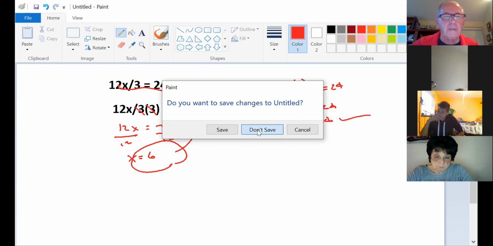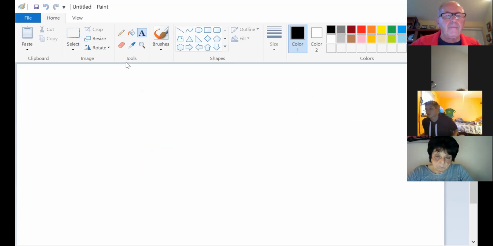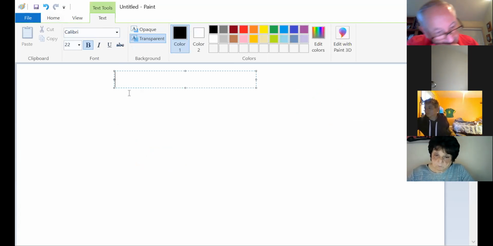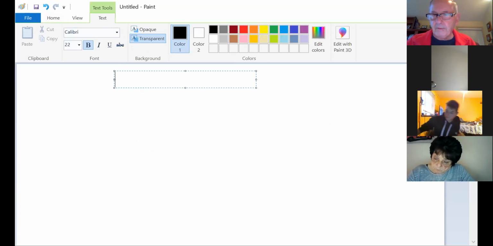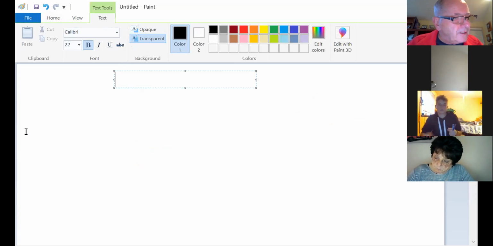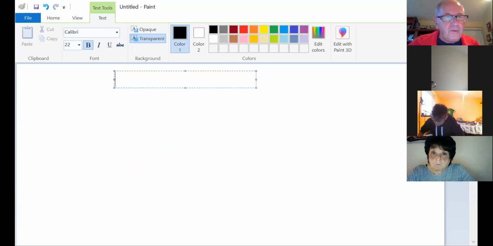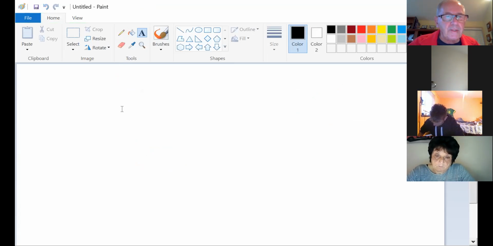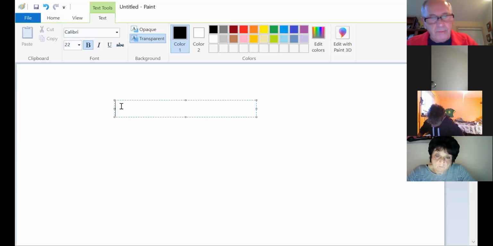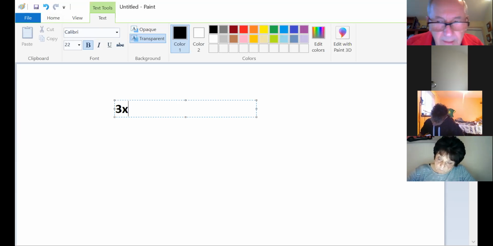Okay, let's do one. And some of these, I don't want to make them really complicated because I don't think you're really going to learn math that way. Anyway, if I said write a problem statement as an algebraic expression, I'm not saying solve for it. I just want you to write it down. So if I said the difference of 3 times a number and 2, that would mean 3 times a number, represent the number by x.